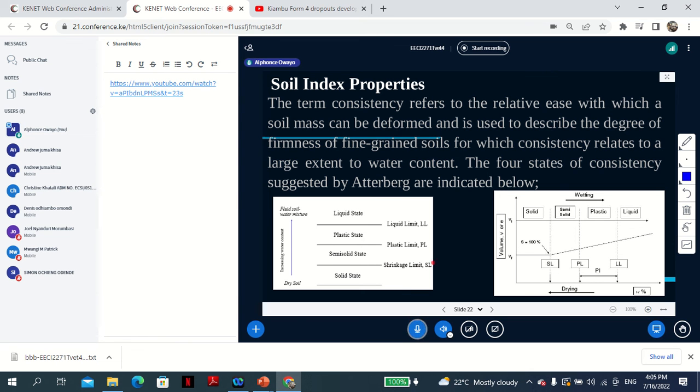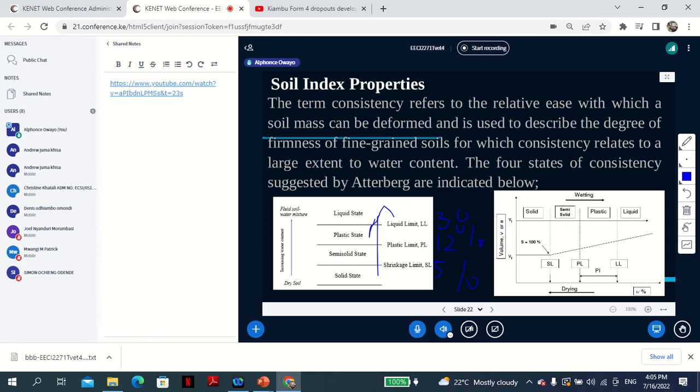So maybe if this is 5%, this would be maybe 12%, and this probably would be 30 or something, to show that the shrinkage limit and the plastic limit come as the water content is increasing.